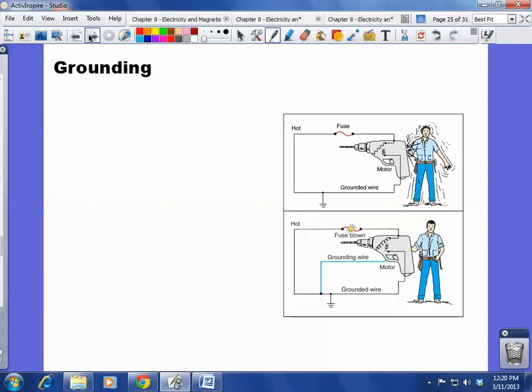This is why, have you ever seen, you guys might think I'm crazy here, how an electrician might work with one hand behind their back? Why is that? Exactly. Because if I accidentally grab something that has some electric current running through it with both hands, basically I've made a circuit that goes up my arm, through my chest, and then down through my other arm.